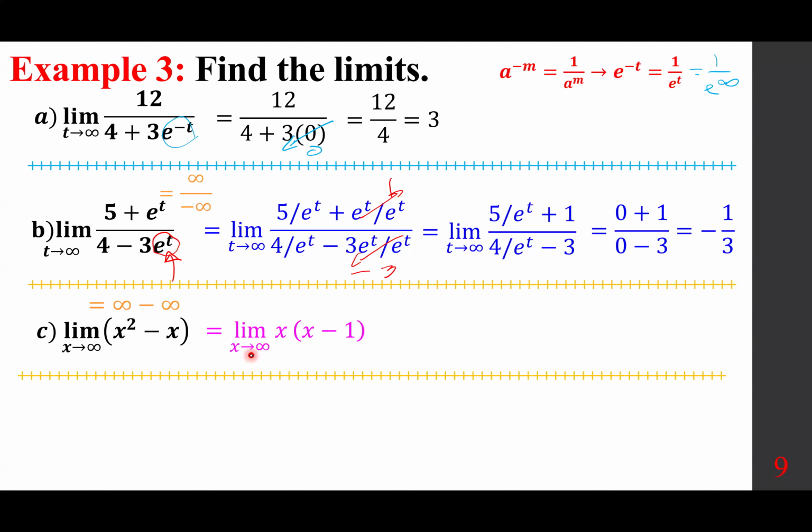Now if you replace the x, you get infinity times (infinity minus 1), which is again infinity. Infinity minus 1 or infinity minus 10 billion is still infinity, everybody. Their product is infinity. The only thing you want to be careful about is if the product becomes negative, okay?